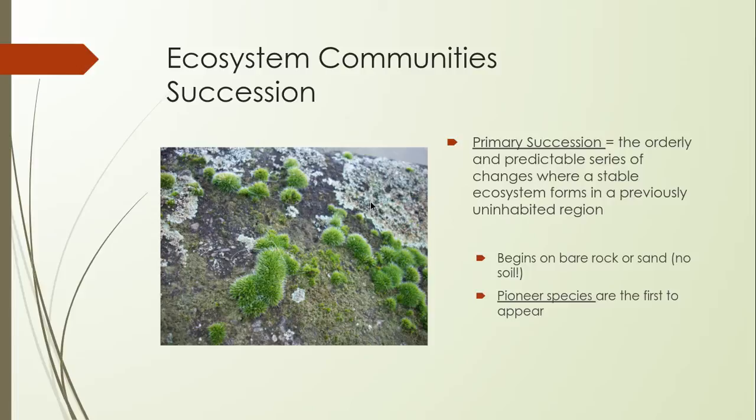So these organisms are called pioneer species, and they're the first ones that arrive in primary succession. All right, so again, here's our mosses, here's our lichen, again, pioneer species that are starting to weather and break down that rock and make it possible for other living things to come in and take hold.